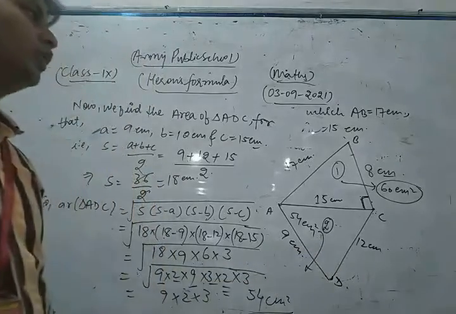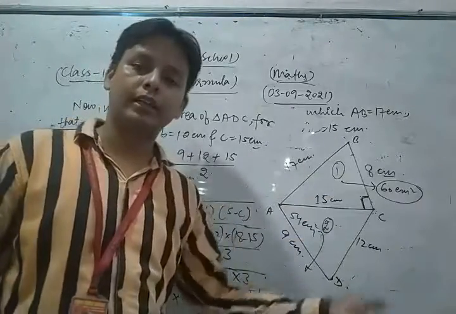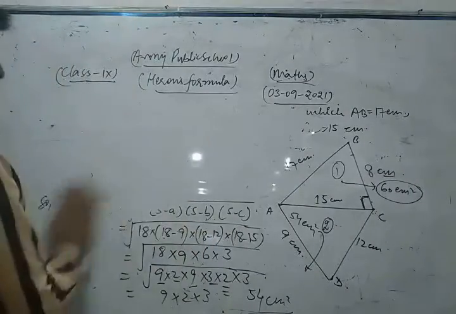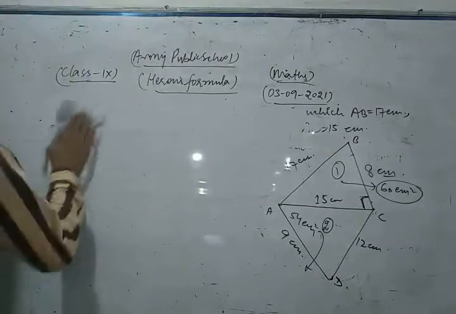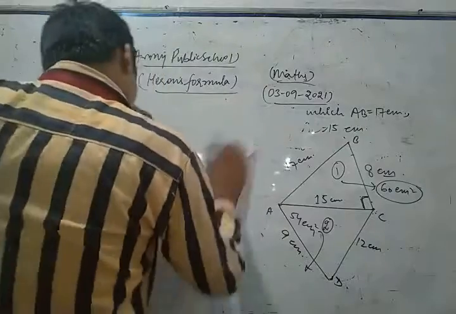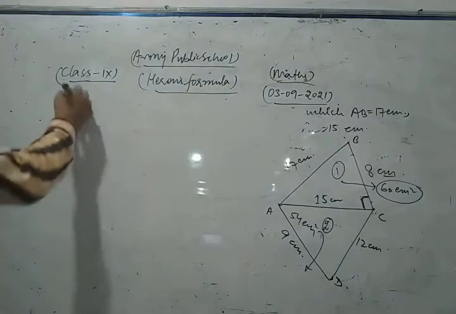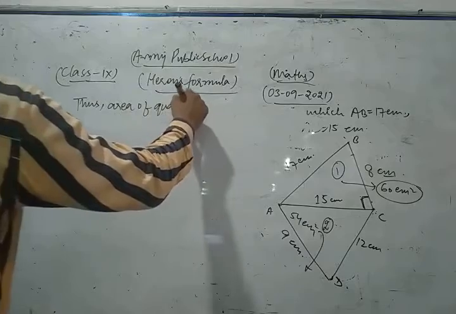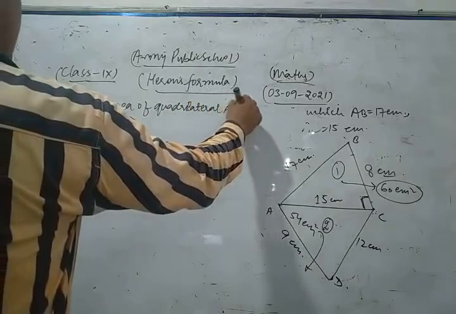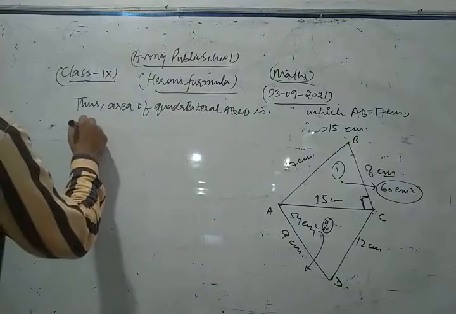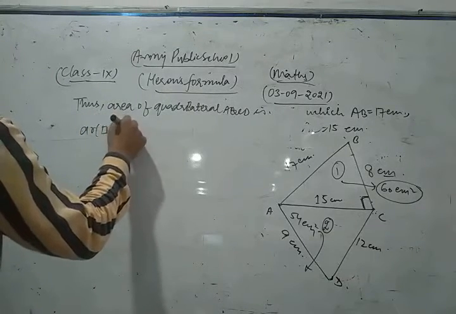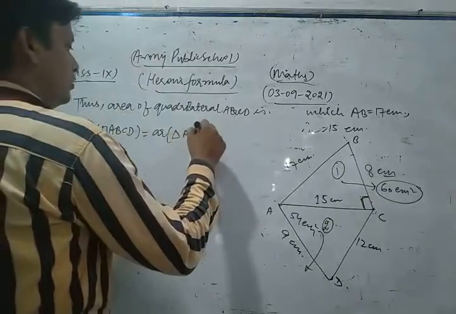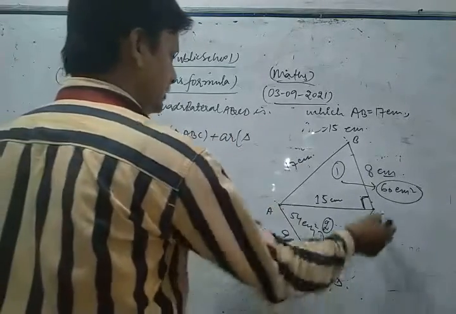Okay, now what do I do? We find the area of quadrilateral ABCD. Thus, area of quadrilateral ABCD is equal to area of triangle ABC plus area of triangle ADC.